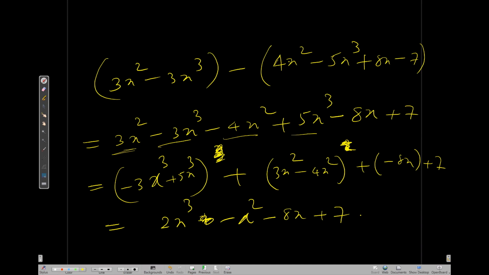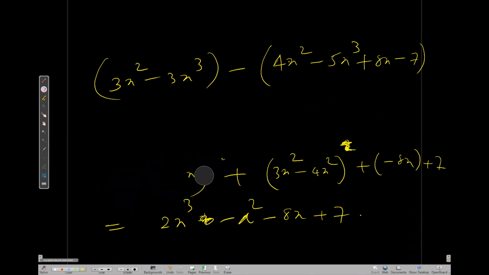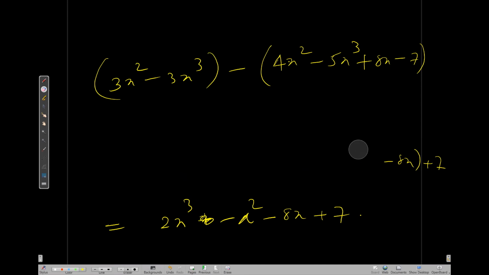Or see, when your simplification is good enough, you actually can do it in your mind. Let me keep our answer and check.